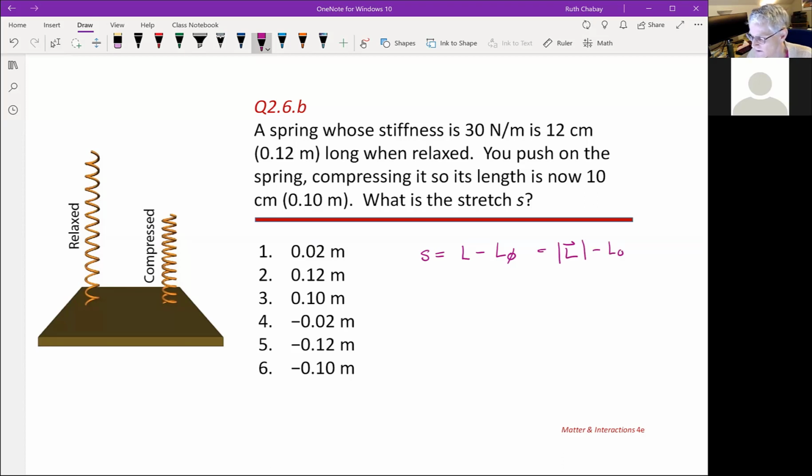So the current length is 0.1 meters, and we're subtracting from it the relaxed length, which is 0.12 meters. And so in fact, we get a negative 0.02 meters for the stretch. So stretch has a sign, and you have to calculate it correctly. If you follow the equation, it just tells you how to do it, and if you just do it and don't try to second guess it, you're going to get the right answer, okay?